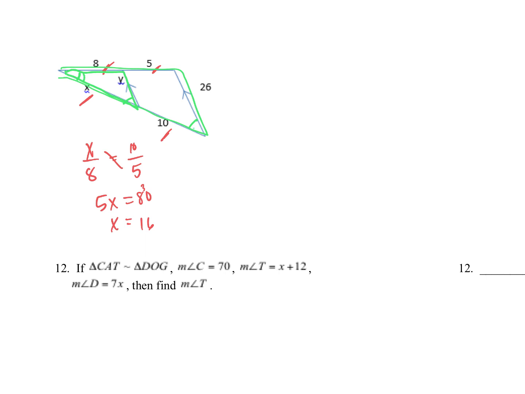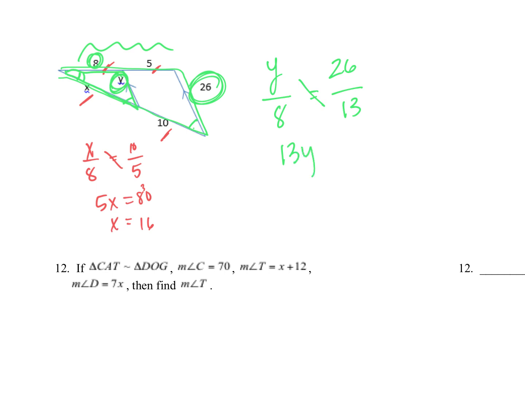So I can say that, not x, y over 8. So small triangle, bottom of the small triangle over the side of the small triangle is equal to the bottom of the large triangle over the side of the big triangle, which is 13. Then I'm going to cross multiply, and I'm going to get 13y is equal to 208, and then I'm going to divide 208 by 13, and y is going to give me 16.